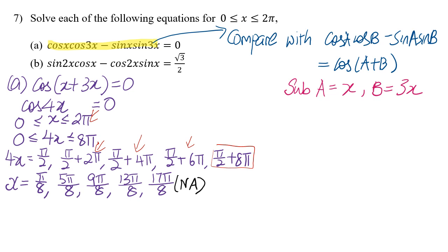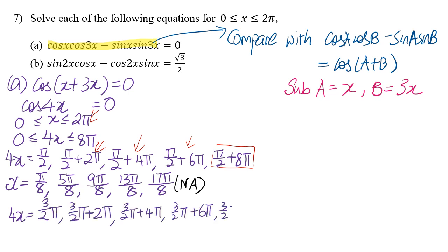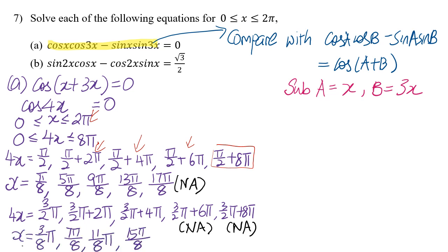All right, so that's the answer for 90 degrees, but we know that cosine 270, which is cosine 3 pi over 2, will also give you 0. Okay, and then divide by 4 throughout. And you see the last two answers are out of the range, so we just reject them.